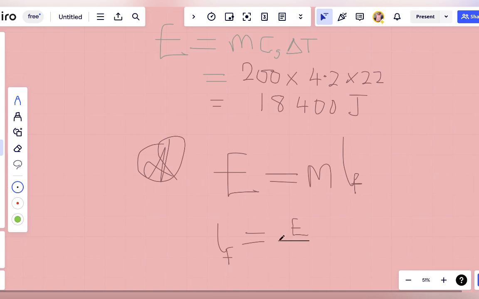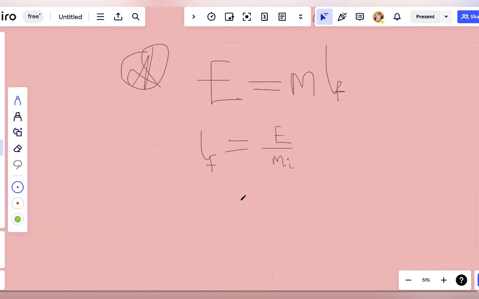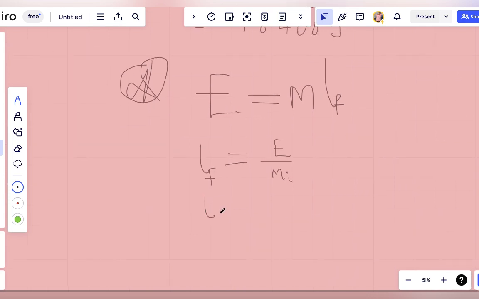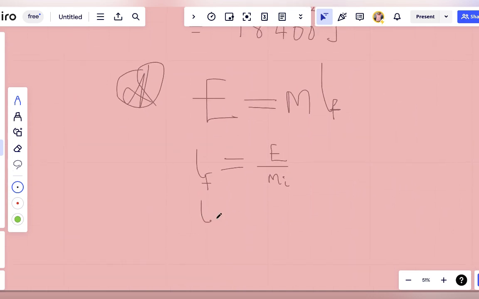In this case, not the mass of water, the mass of the ice, because we are calculating the specific latent heat of fusion of ice. So this is the formula we're going to use.